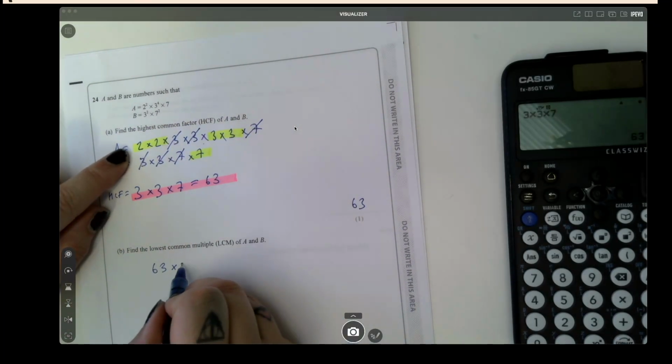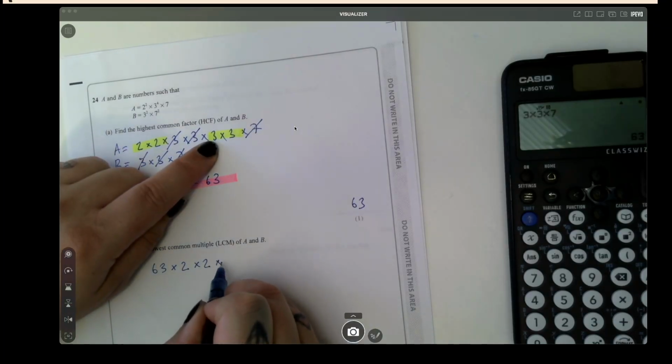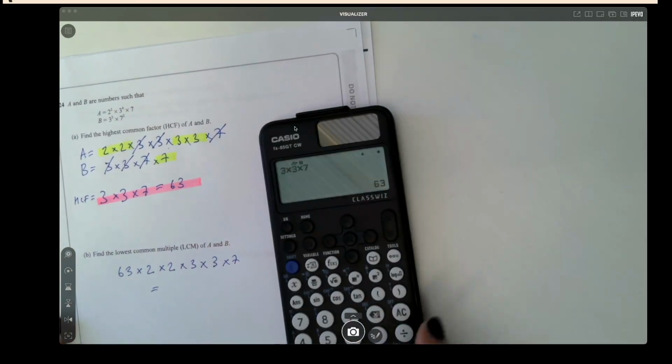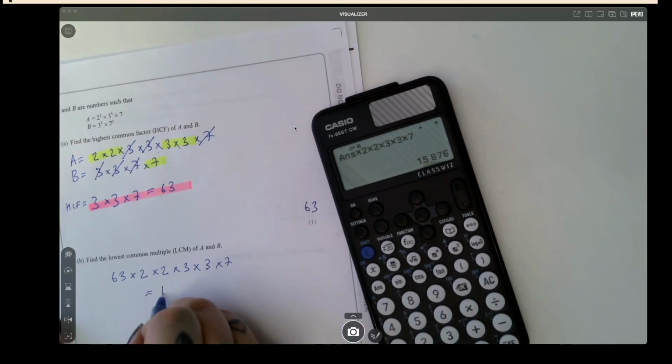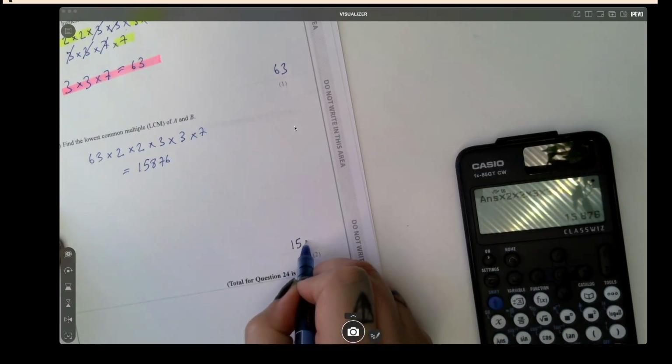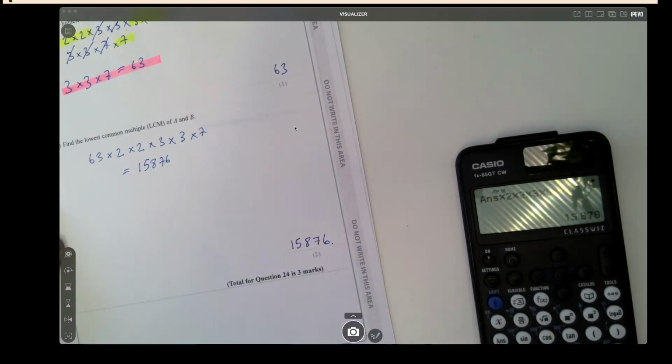So 63 times 2 times 2 times 3 times 3 times 7, which is 15,876.